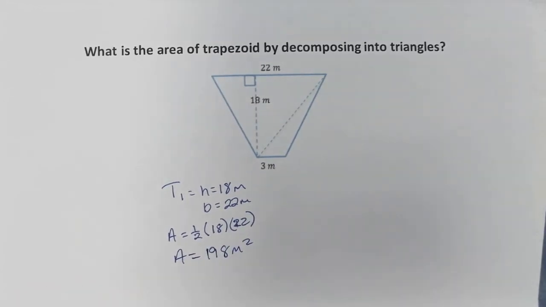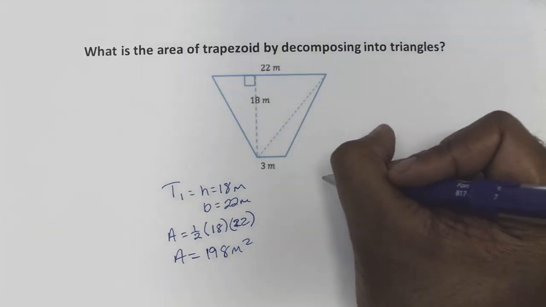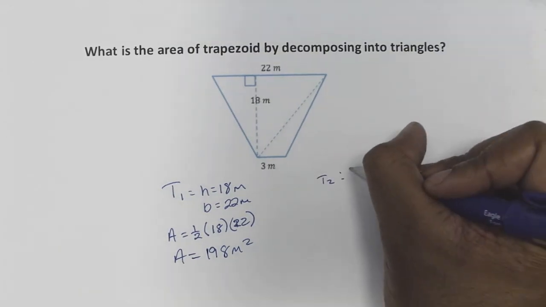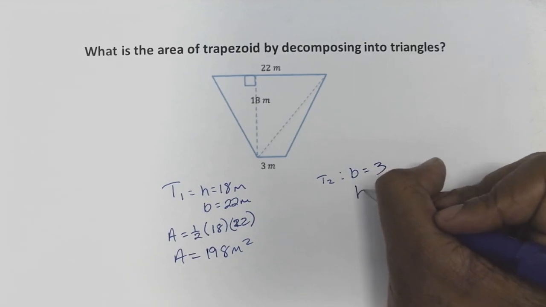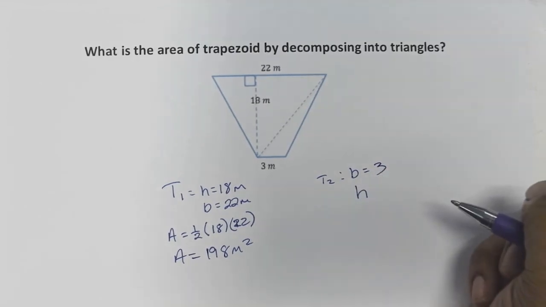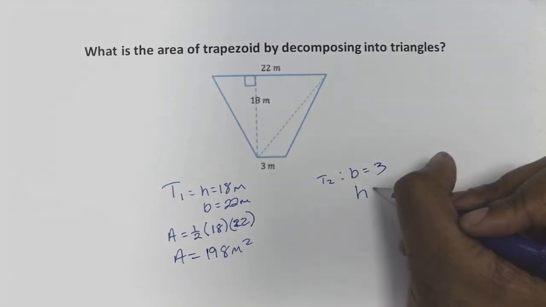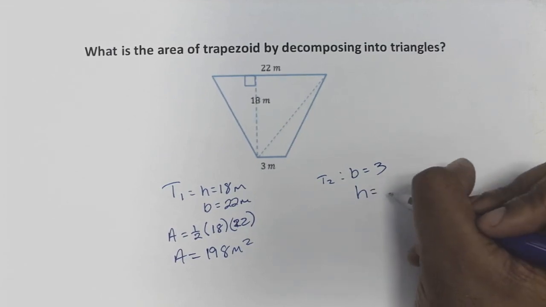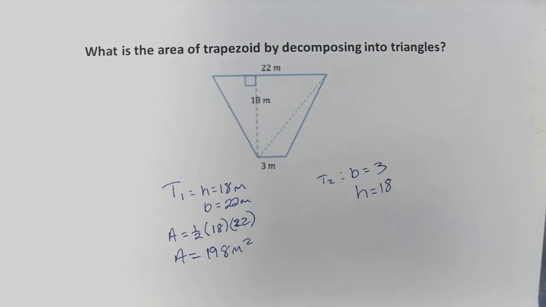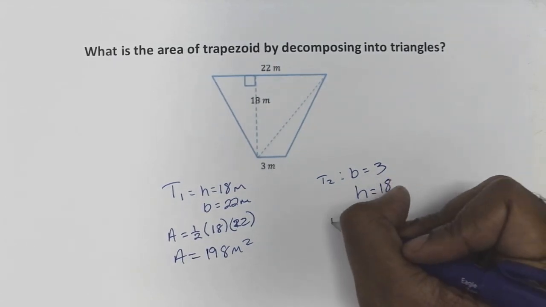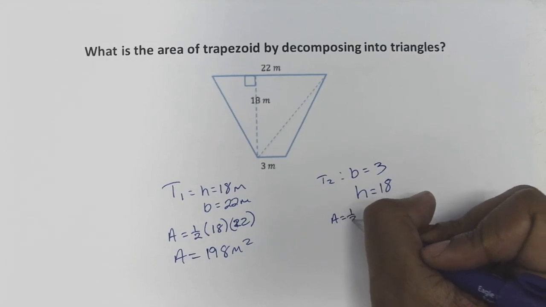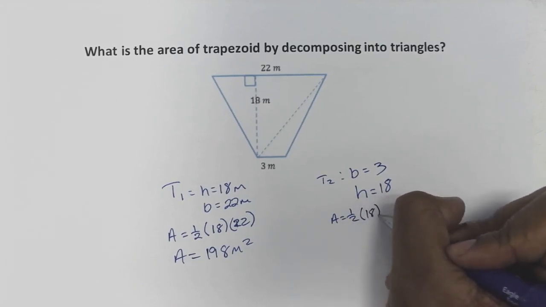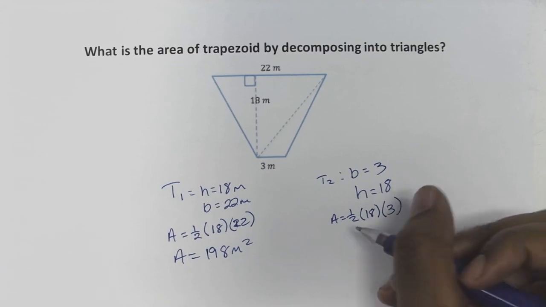So now let's do triangle 2. Okay, good. The base of triangle 2 is 3. What's my height? Good, 18. So now, do the same thing, area 1/2 times 18 times 3.